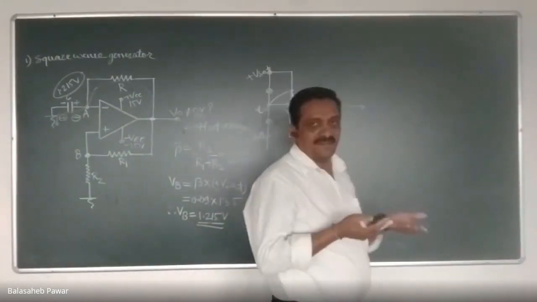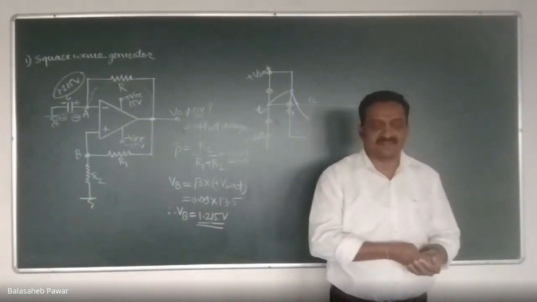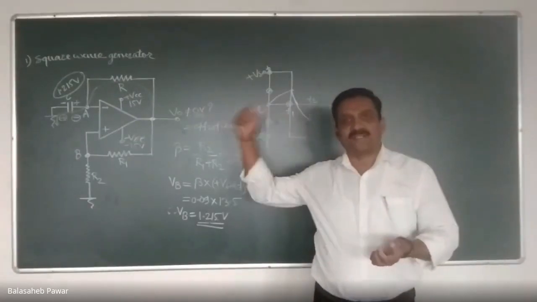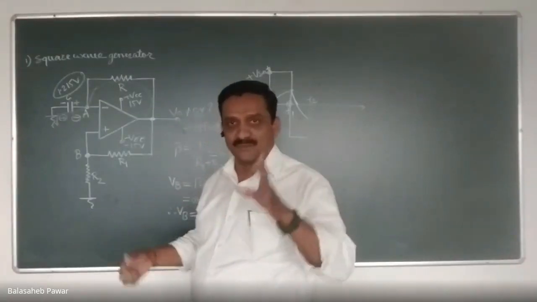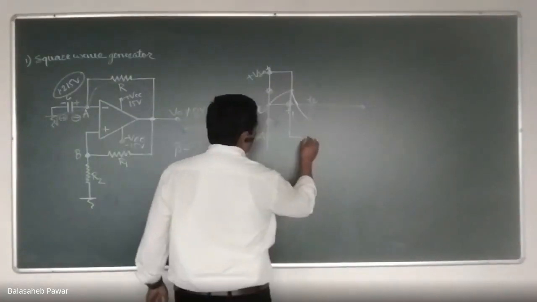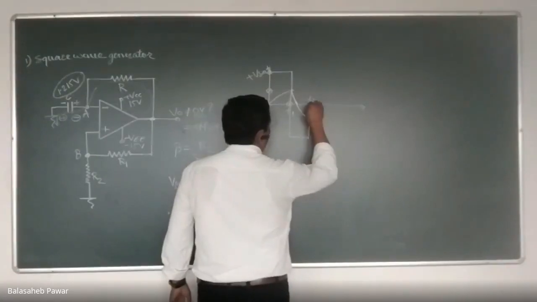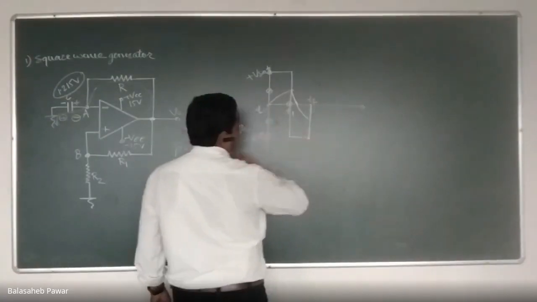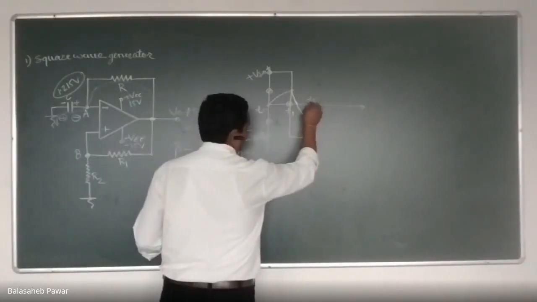Okay? Again, at t equals T2, you will observe both the input terminals of the op amp are at equipotential, and hence the differential voltage will become 0 volts, and hence the output of the op amp will become 0. So at t equals T2, the output of the op amp becomes 0. Correct? Agree?